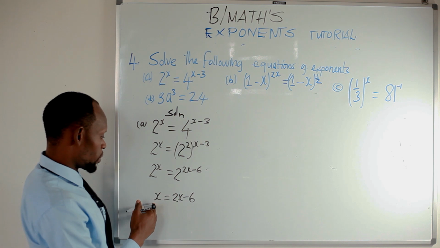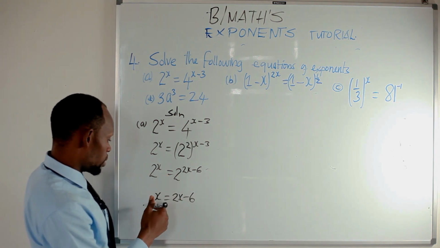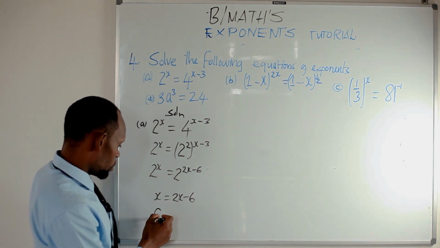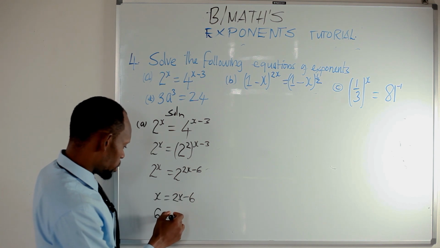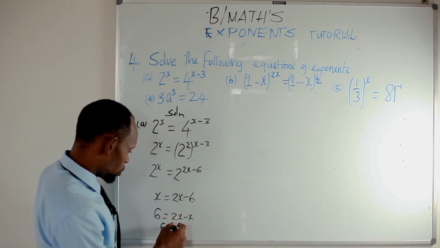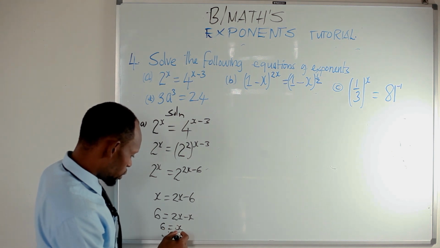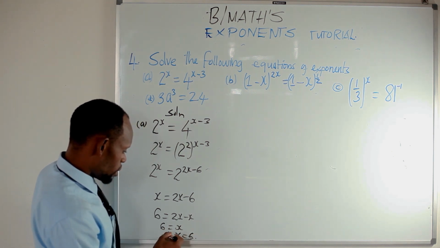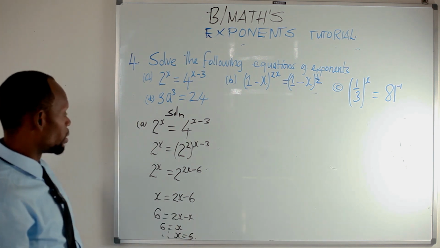Collecting like terms, 6 to this side and x to the other side, so 6 equals 2x - x. Therefore, 6 equals x. Therefore, x equals 6.